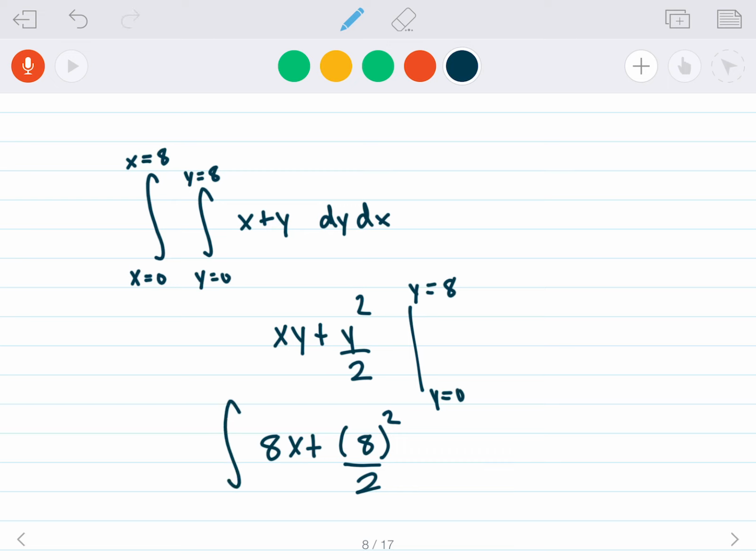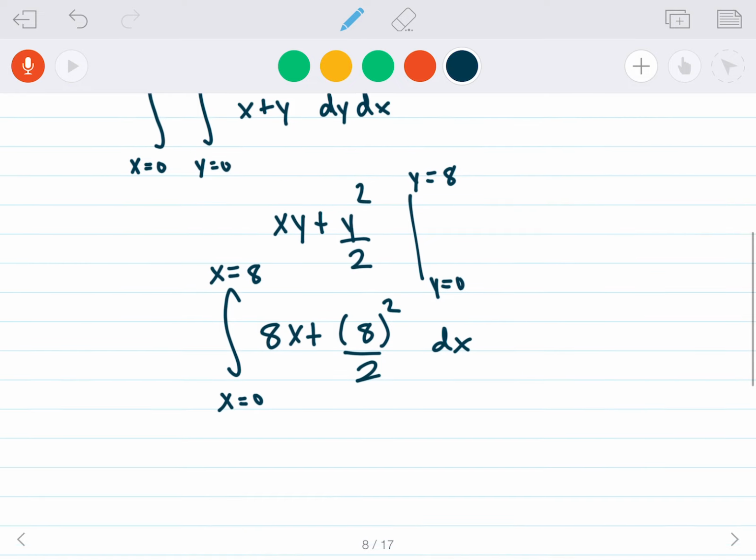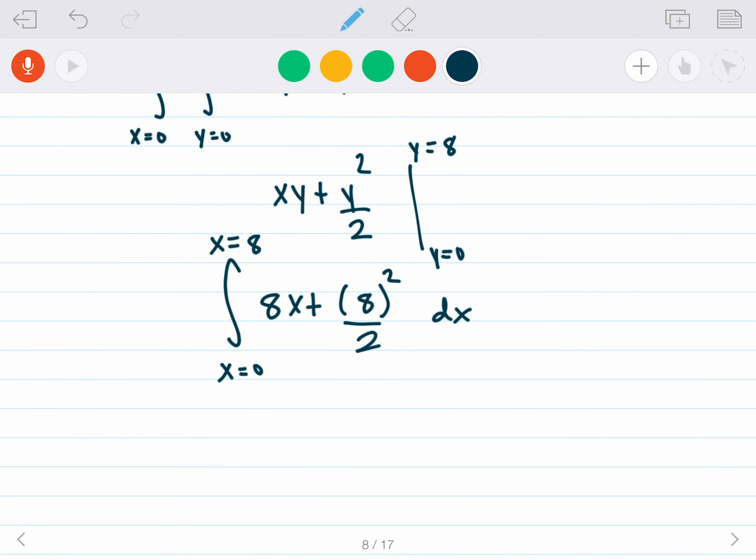Let's go ahead and do our last step, which is integrating with respect to x. Okay, so let's see. This is 64 halves, which is 32. So I'm going from x equals 0 to x equals 8, and I have 8x plus 32 dx.